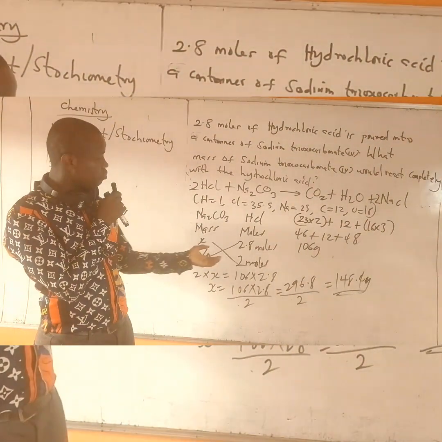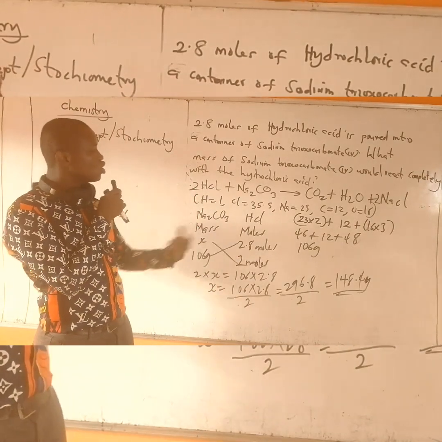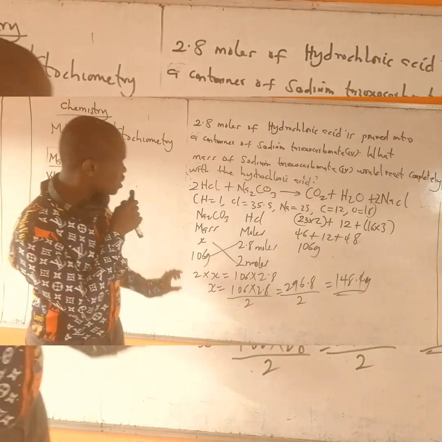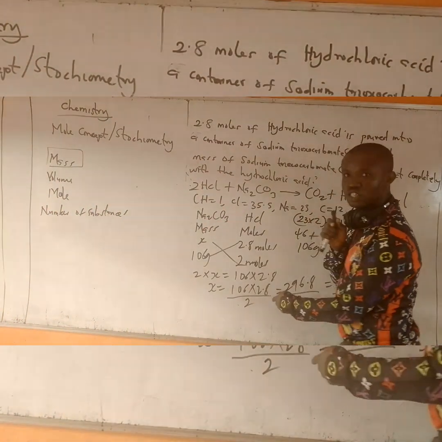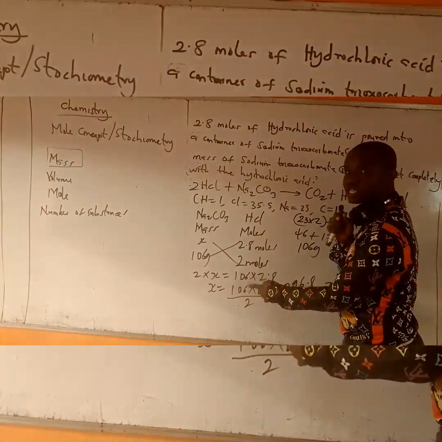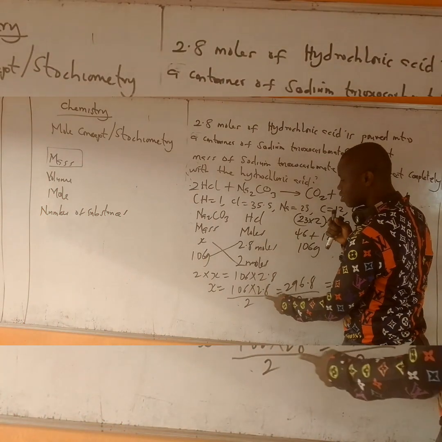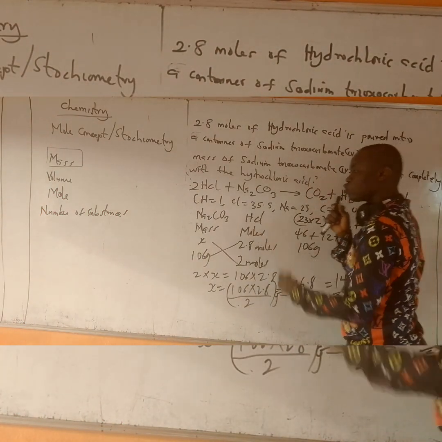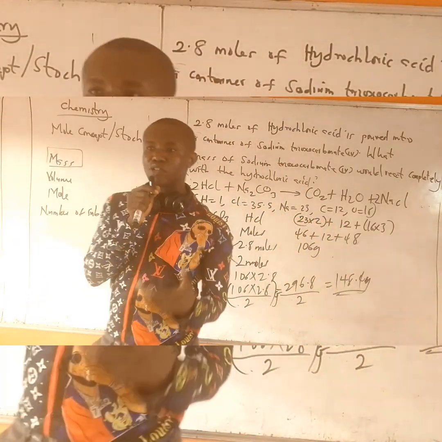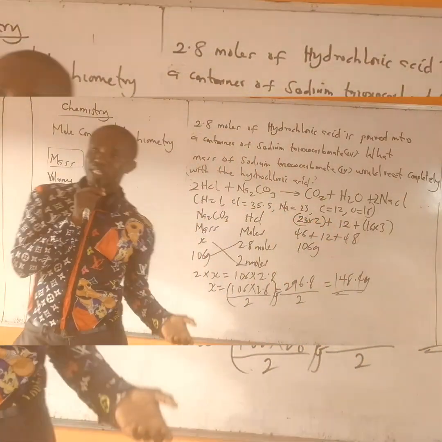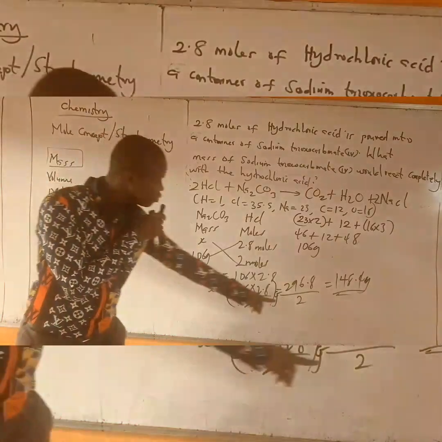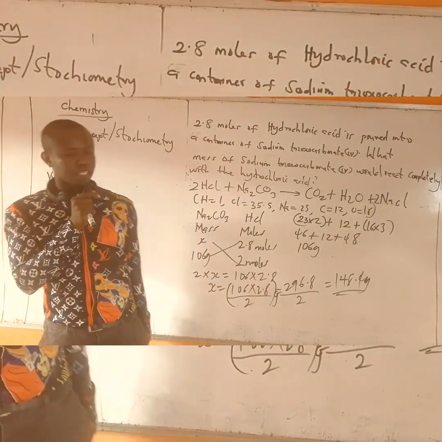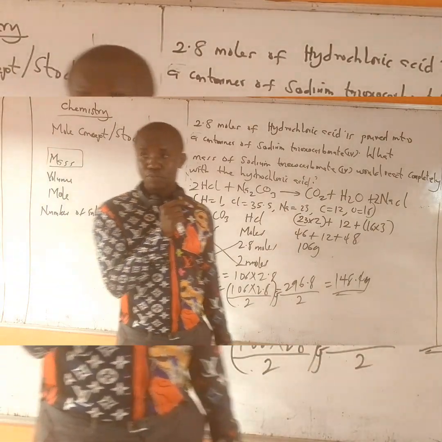Therefore, 2.8 moles of HCl would be required to react completely with 106 times 2.8 over 2, in brackets, grams of Na2CO3. Therefore, the mass of Na2CO3 required equals 148.4 grams. Do you understand? It's as simple as that. Any question?